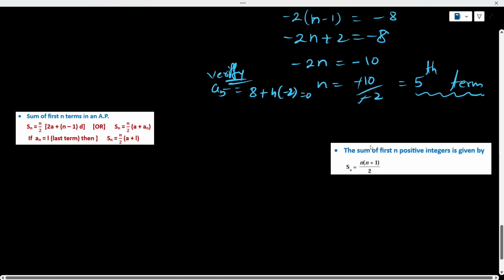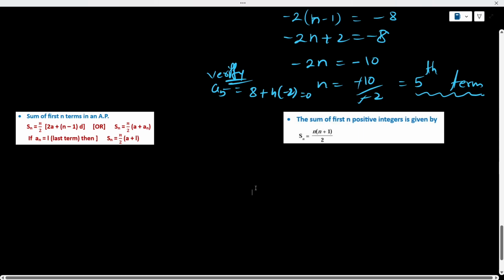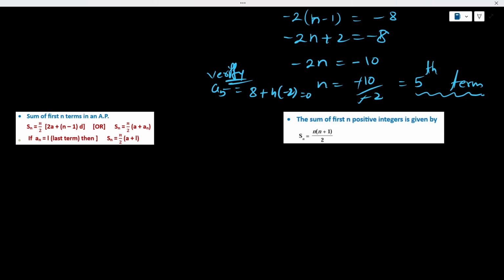After that you are finding how to find the sum of all those values, right? If I'm taking Sn, it's nothing but a1 plus a2 plus a3, that means you are adding all the terms till the nth term. So this is the formula. What is the first formula?